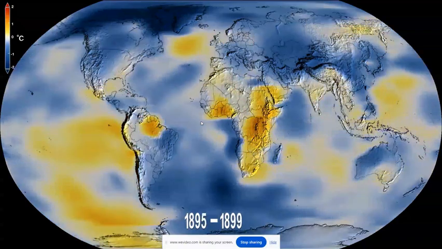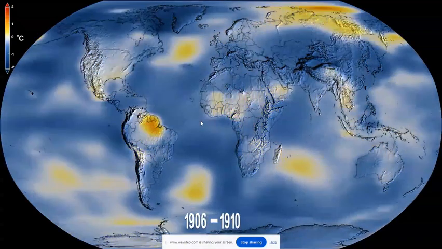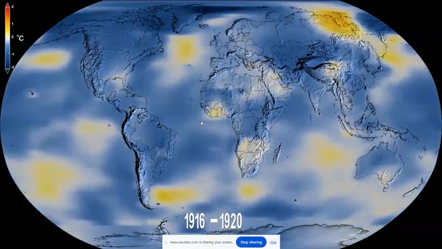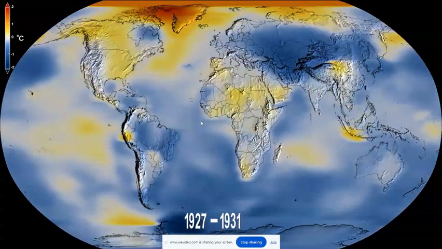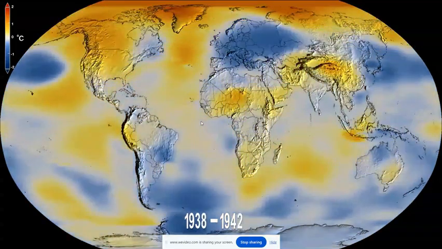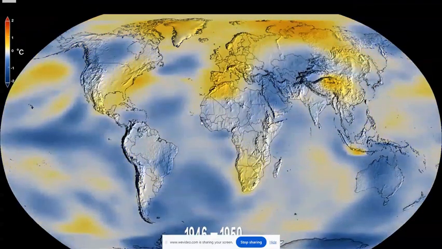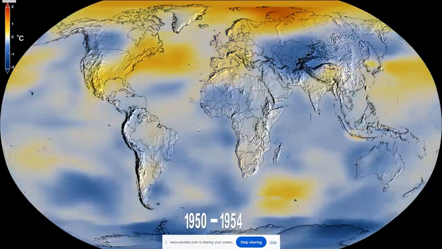We're going into the 1900s, 1910s, 1920s, 1930s, 1940s, and 1950s. So 1950, this is the baseline. We said the blue is colder than 1950 on average, and the yellows are warmer. You see a little of each here because you're going to have about 50% on either side.